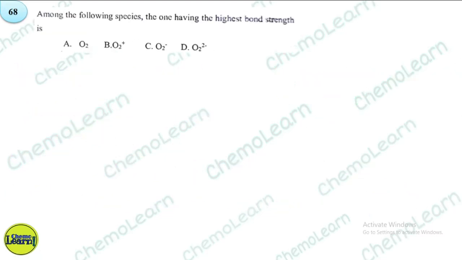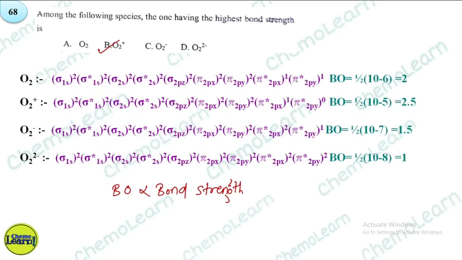Question number 68. Among the following species, the one having the highest bond strength is what? O2, O2 plus, O2 minus or O2 2 minus. So, here we will draw the MO diagram, or simply you can write the MO configuration. Here I have written all the MO configuration for O2, O2 plus, O2 minus and O2 2 minus, and then we will calculate bond order.